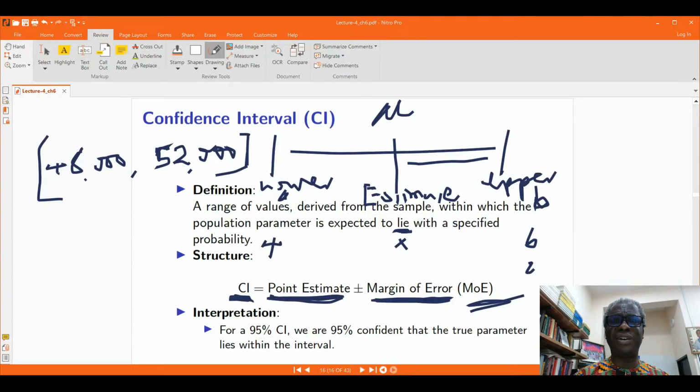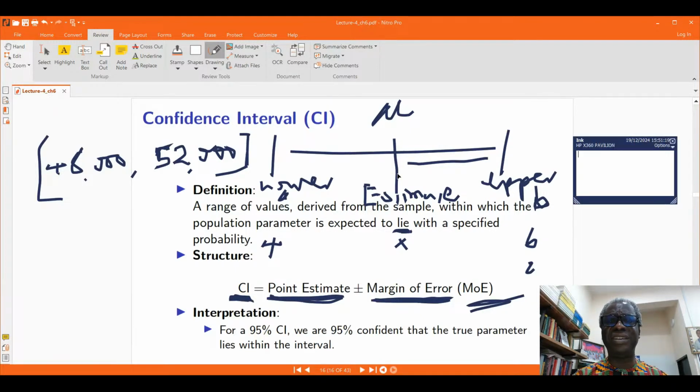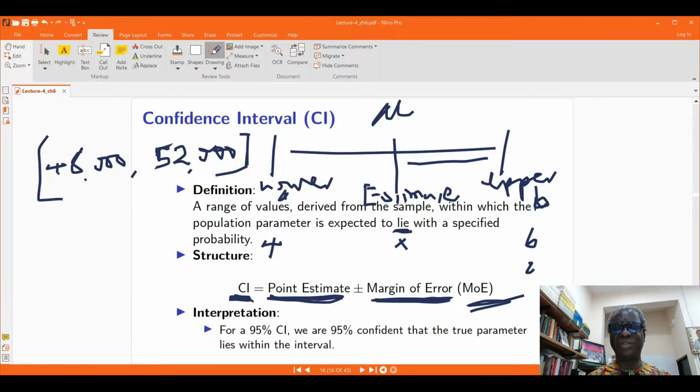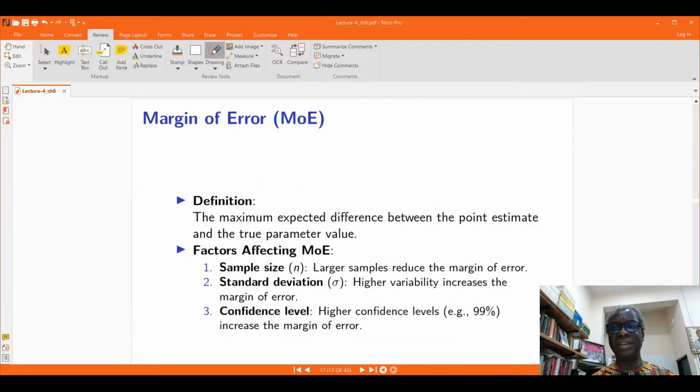If you subtract that margin of error from the estimate, that will give you the lower value. So don't ever forget that the margin of error is the maximum expected difference between the point estimate and the true parameter value.